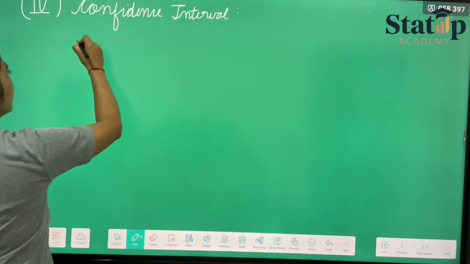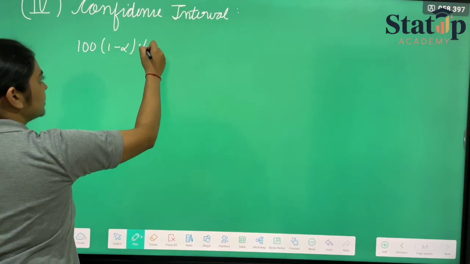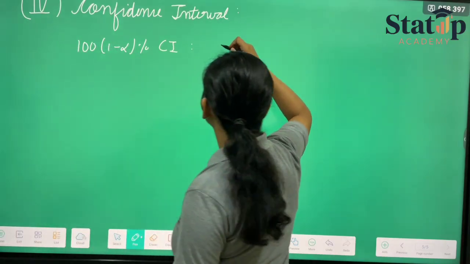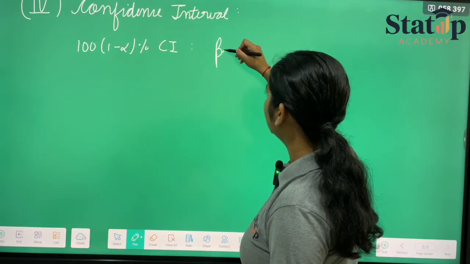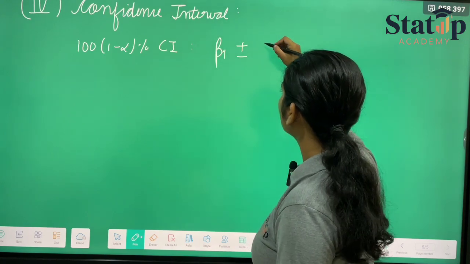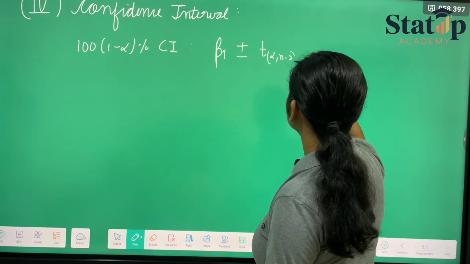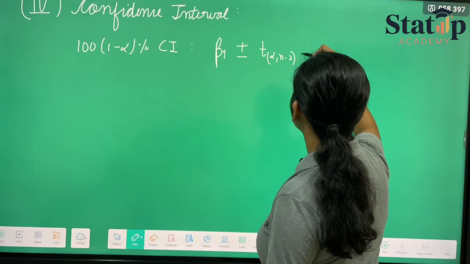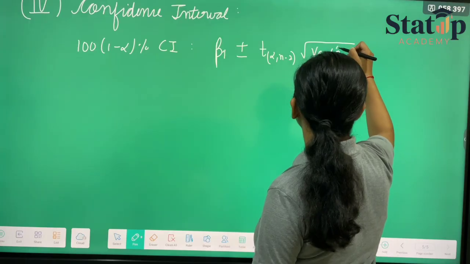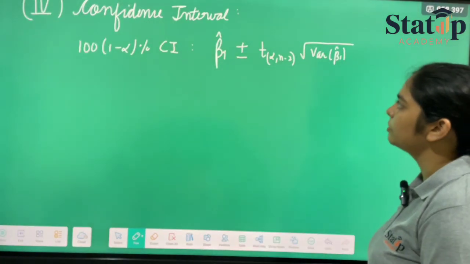We know that 100 into 1 minus alpha percent CI is given by beta 1 plus minus t alpha n minus 2 into under root of variance of beta 1 cap. This will be the confidence interval for beta 1.